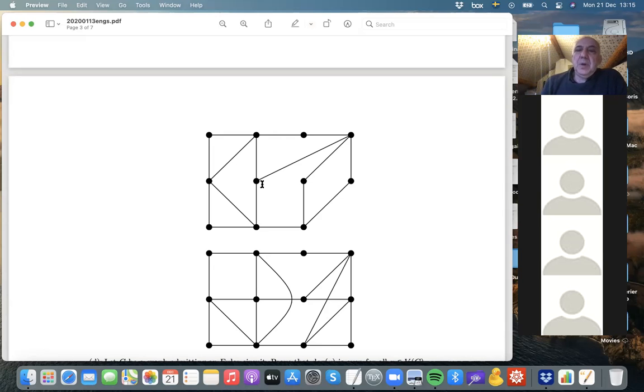To make this graph into an Eulerian graph, which will have an Eulerian cycle, we have to connect those. The criterion for having an Eulerian circuit as opposed to the cycle is that the graph is connected and there are exactly two vertices of odd degree.